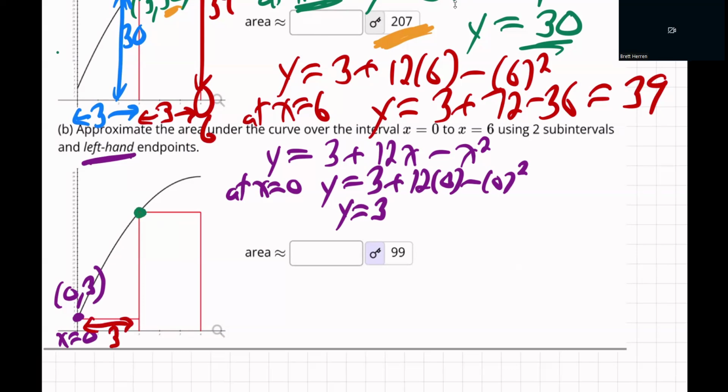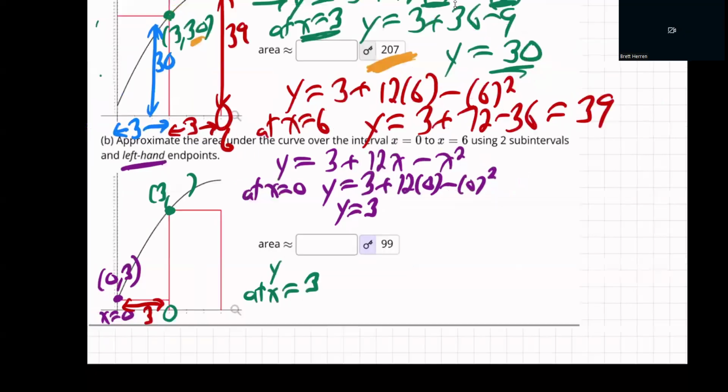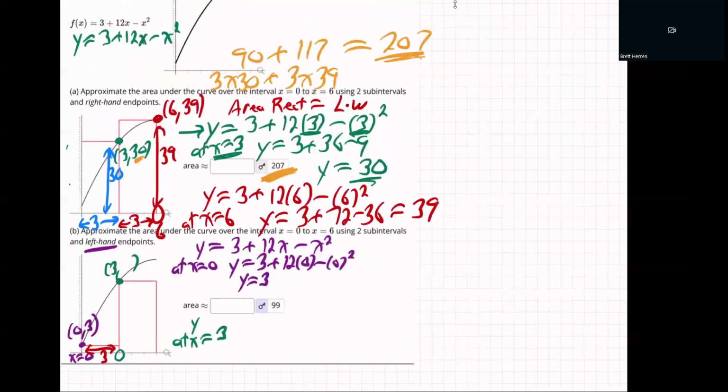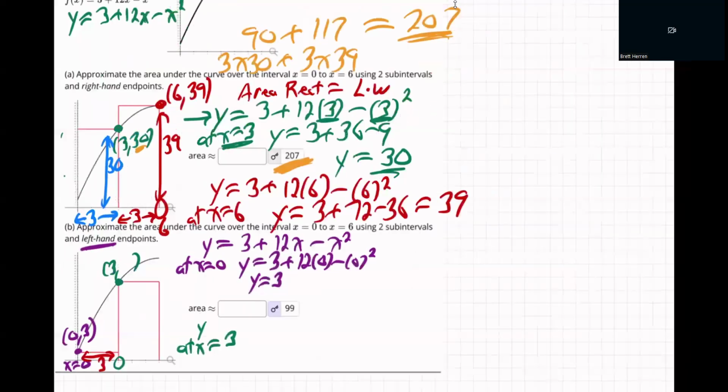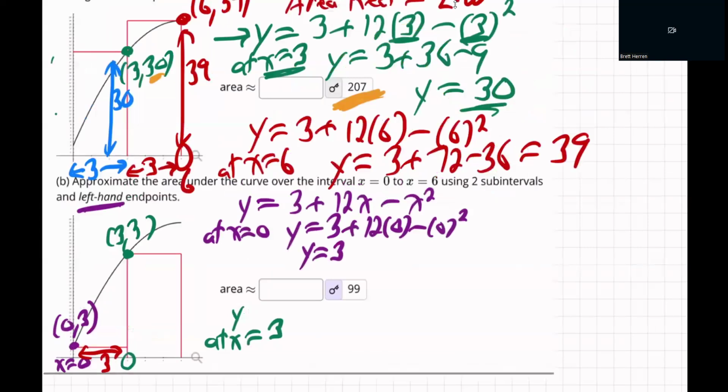Okay, now let's do the next part. The next part hits right here. This is the point over 3, up, let me find it, at x equals 3. Well, actually, I already found that earlier. At x equals 3, y is 30. That's over 3, up 30. So this is 30 tall and 3 wide.